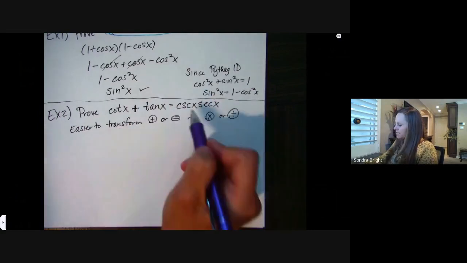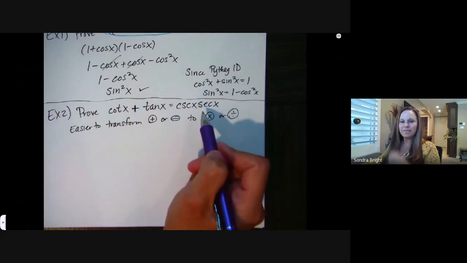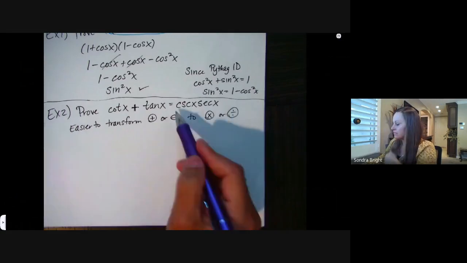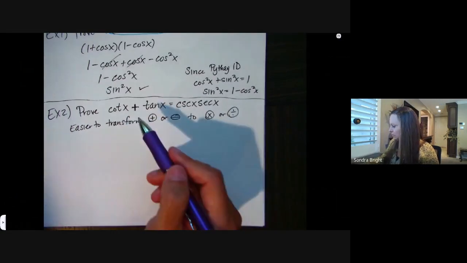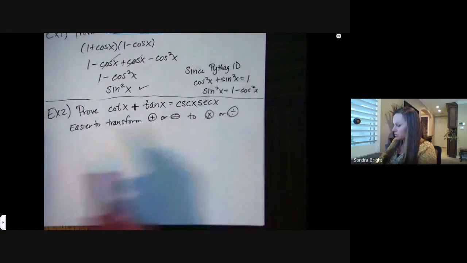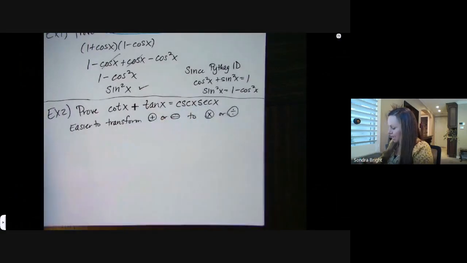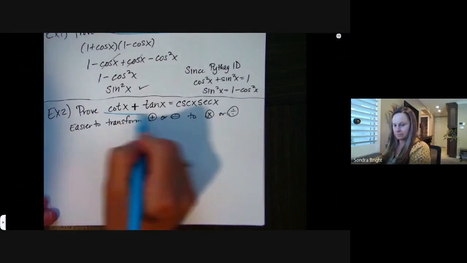I'm not saying that you can't start on the right and get it to look like what it does on the left, but it will be harder. It will be more difficult. It is easier to turn a plus sign into a multiplication. So I am definitely going to start with the left-hand side and keep rewriting it until it looks like the right-hand side.